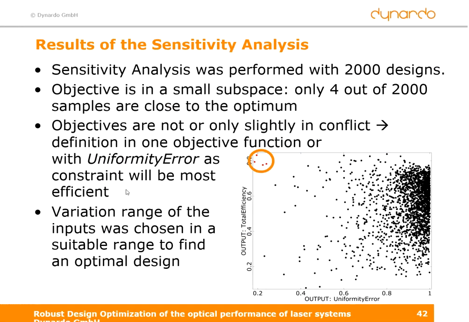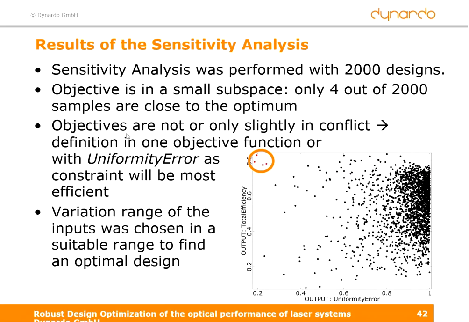As a second fact, you can see that the objectives are not or only slightly in conflict, because there are some designs. If there were nothing in this optimal part of the design space, we would know it's not possible to achieve our aim, and we would need to define 2 objective functions.